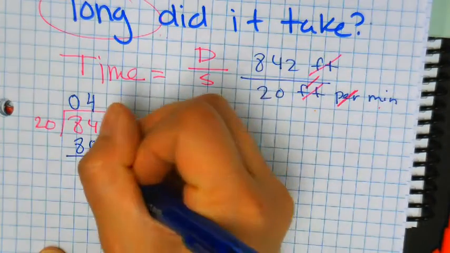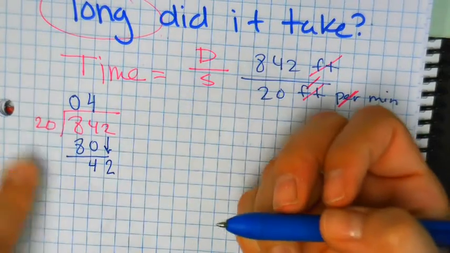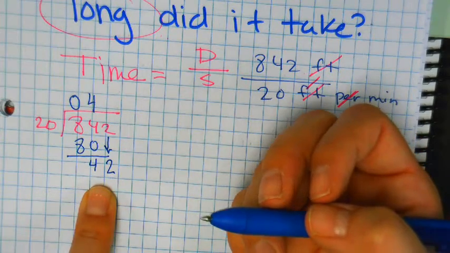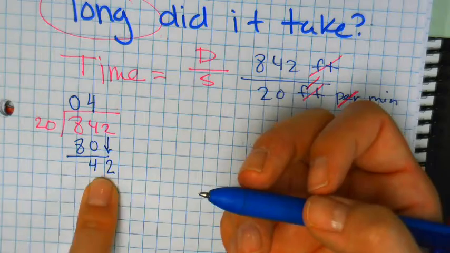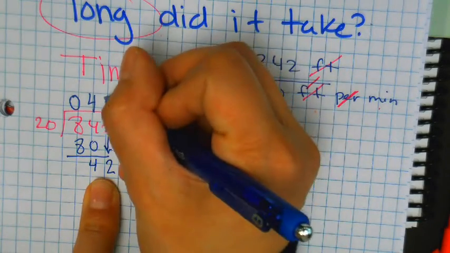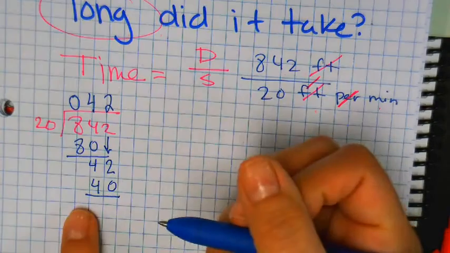Remainder 4. Bring down the 2. 20 goes into 42 two times. Focus. Write this down. The 2 goes on top of the 2. That gives me 40. Remainder 2.